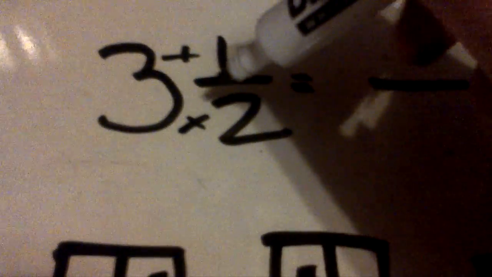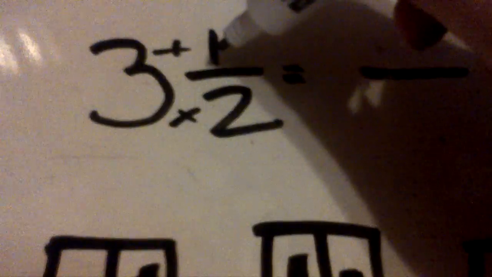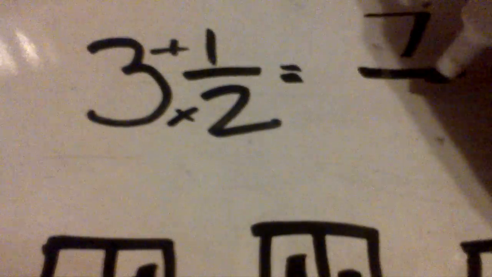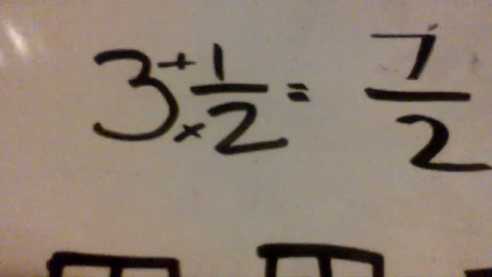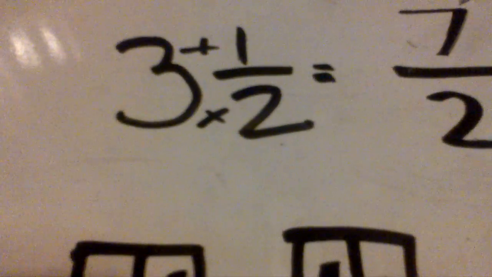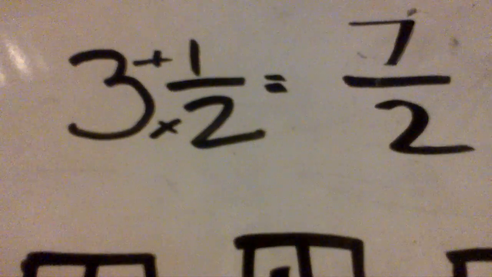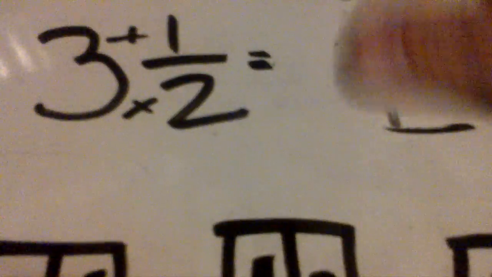You're going to multiply first, 3 times 2, which is 6, and then you're going to add the numerator, which is a 1, so it's going to be 7, and then you're going to slide the 2 over and keep the denominator the same. So either which way, no matter how you worked out your mixed number, you're going to get an improper fraction of 7 over 2.